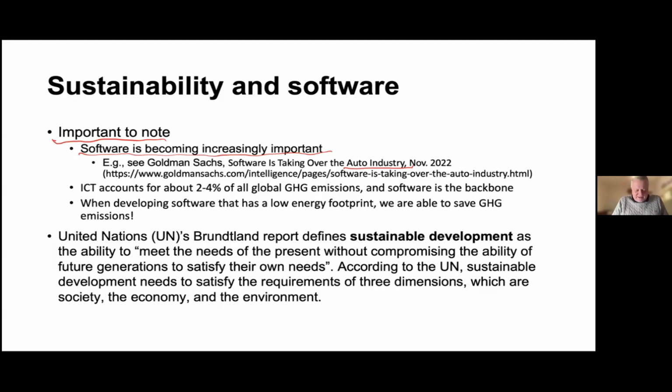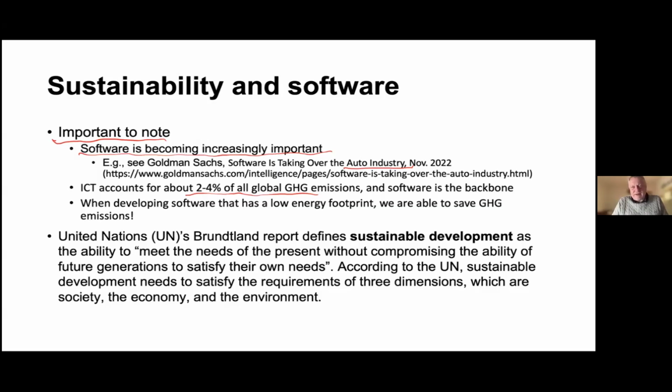It's also interesting, and this is the only real figure here, that ICT in general accounts for about 2 to 4%, and maybe more these days with ChatGPT. I haven't checked that. These are the figures I found last year, but I think it's not becoming better. So that's 2 to 4% of all global greenhouse gas emissions.